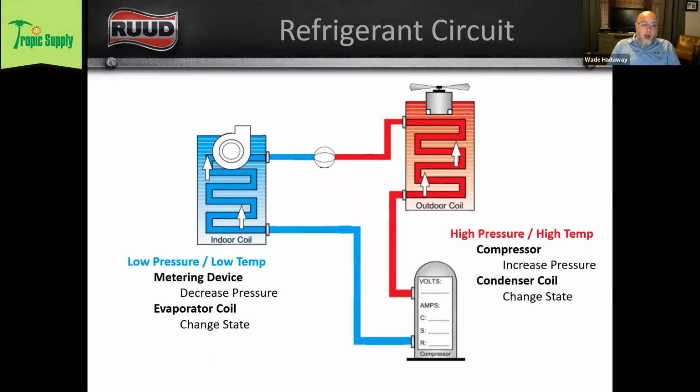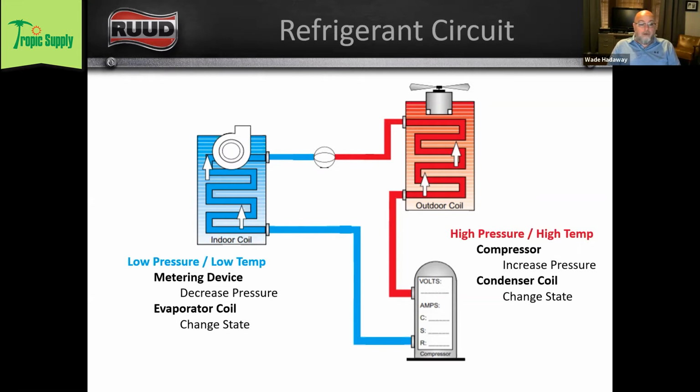We drop the pressure of the refrigerant, which drops the temperature of the refrigerant, and we send that refrigerant traveling through the indoor coil, where we're going to pick up heat from the indoor air.